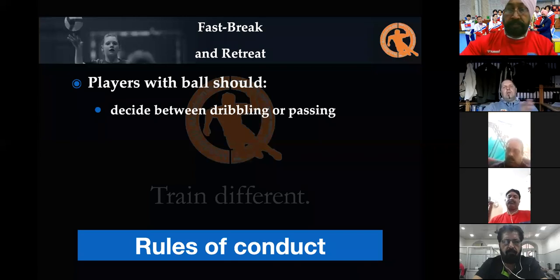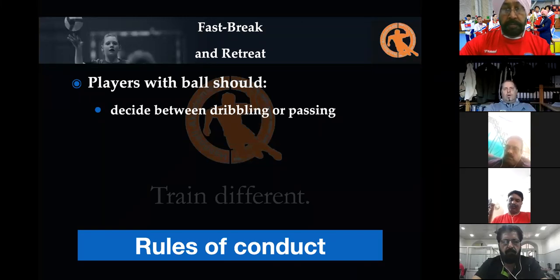So from one side to the other side of the court, you can go by dribbling, or you can go by passing. So a good player is able to use the dribbling and the passing, and then he can make a decision. If you always focus only on one way, how to move from one side to the other side, then the players will be good in that way, but they will be very weak in the other way.